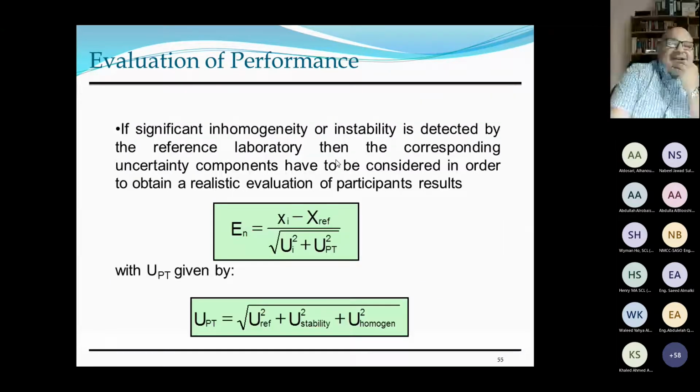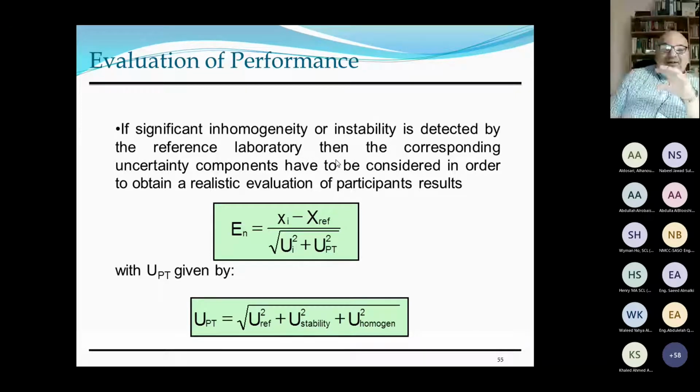If there's significant inhomogeneity, this is not very important for calibration, but instability is. So if significant instability is detected by the reference lab, then the previous expression should be modified a little bit to include this instability, because it's significant.